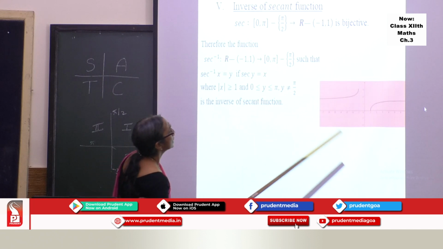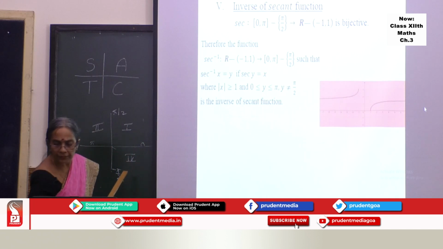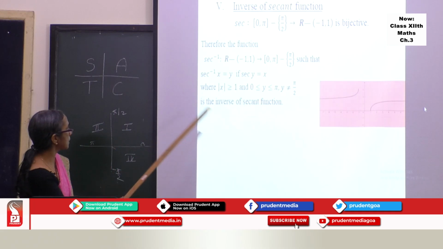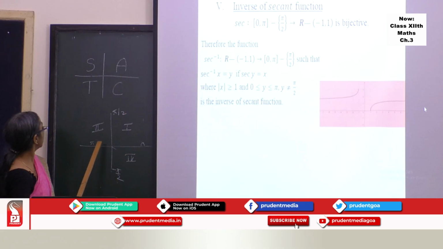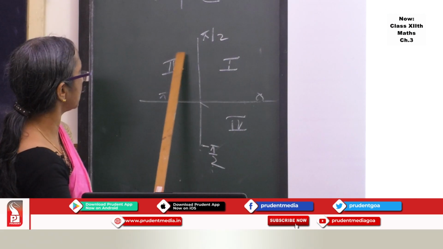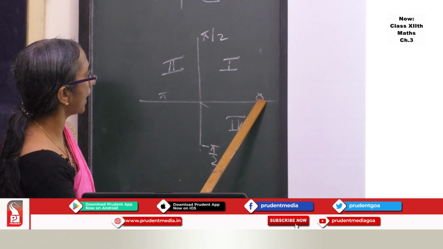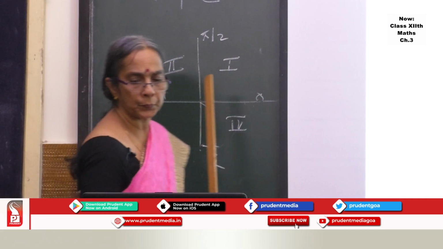So that is the graph, and like cos inverse, sec inverse of a negative value is between pi by 2 and pi, and sec inverse of a positive value is between 0 and pi by 2.